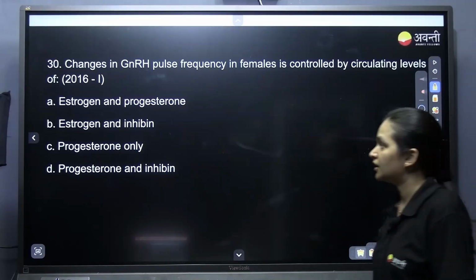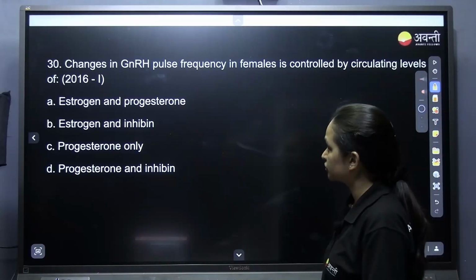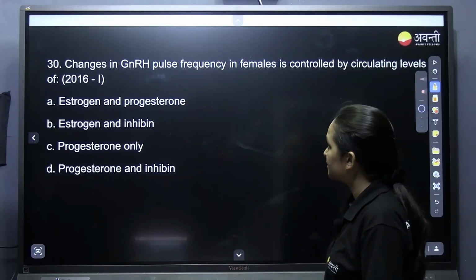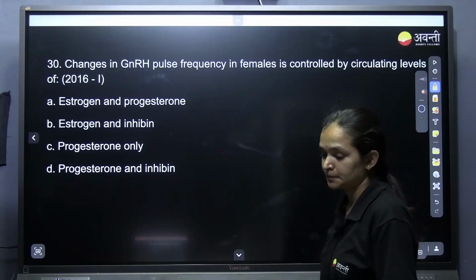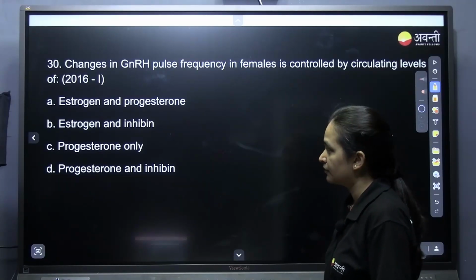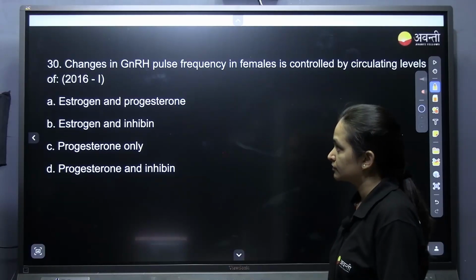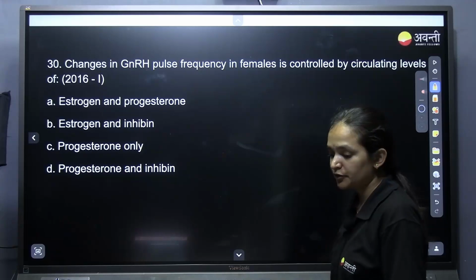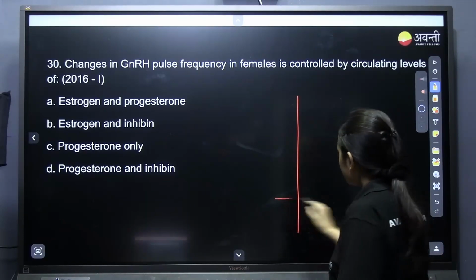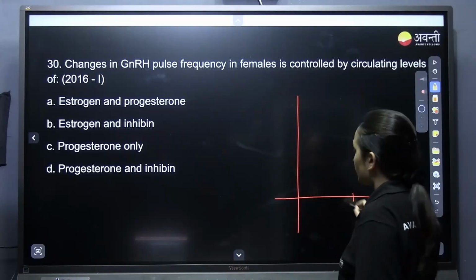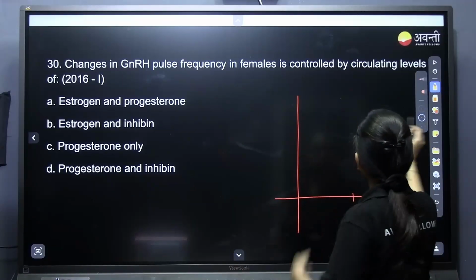Changes in gonadotropin releasing hormone pulse frequency in female is controlled by circulating levels of, tell me. Actually there is a feedback mechanism. On the 14th day, the ovulation day, what happens?